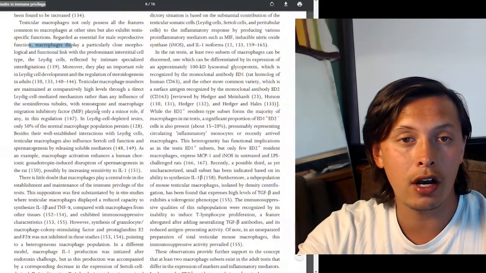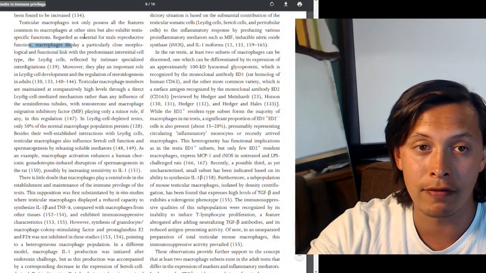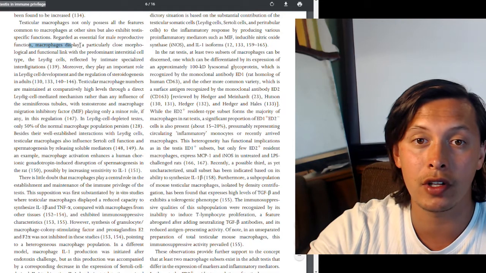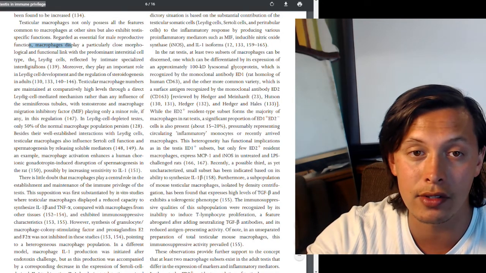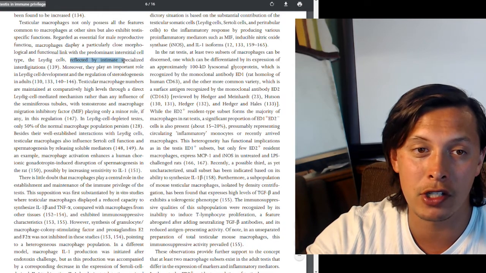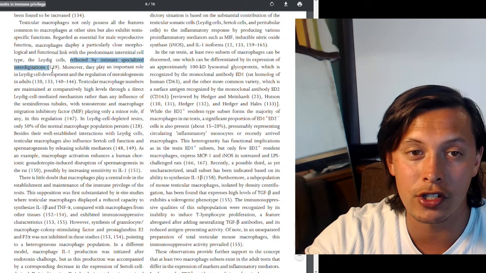Let's go back down. Regarded as essential for male reproductive function, macrophages display a particularly close morphological and functional link with the predominant interstitial cell type, the Leydig cells, reflected by intimate specialized interdigitations.